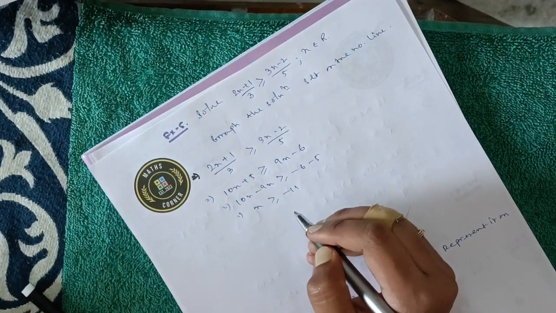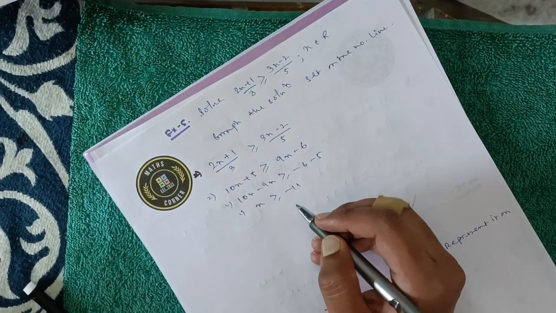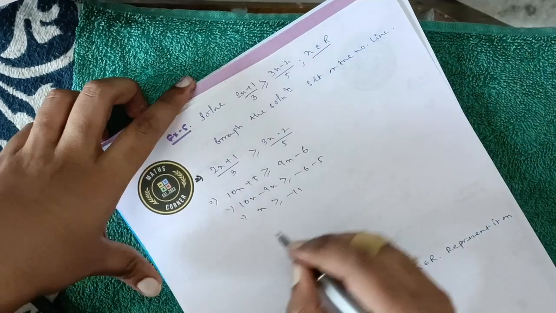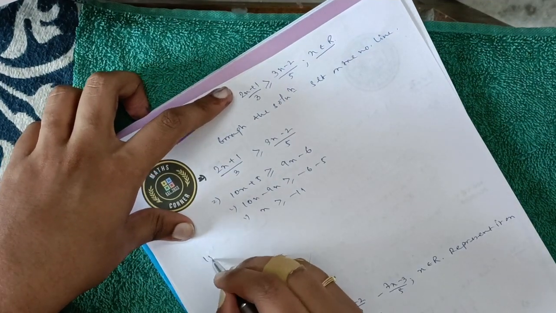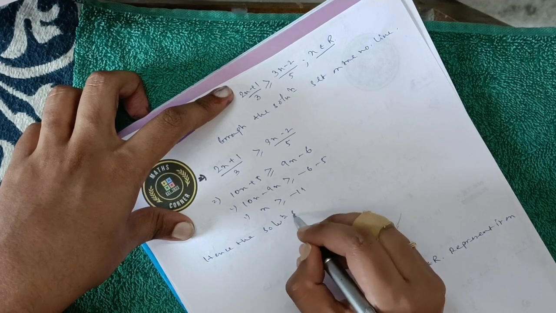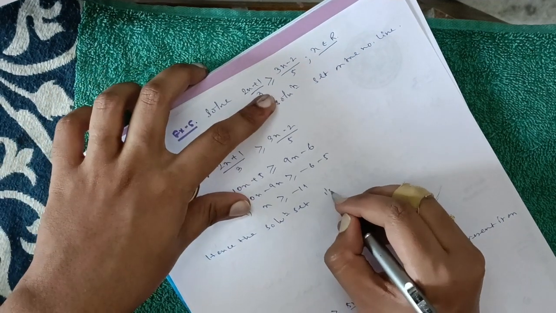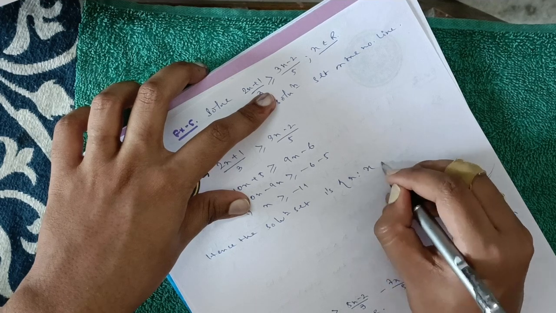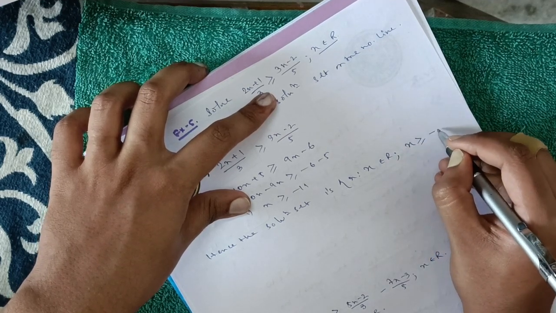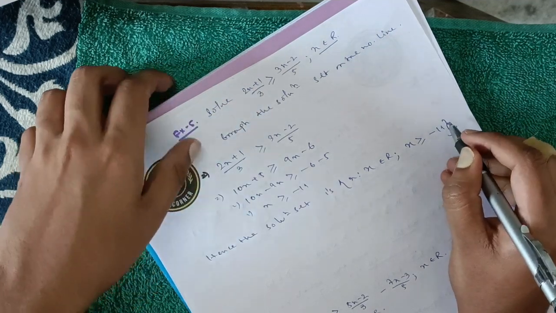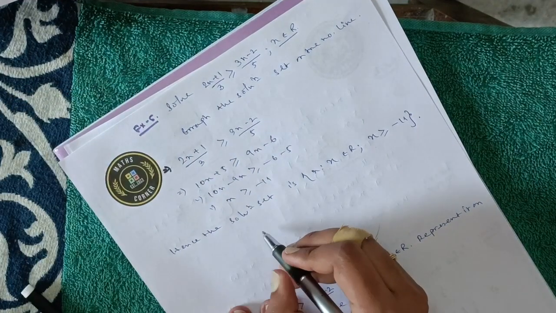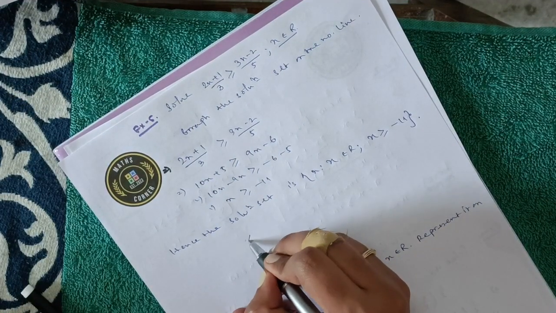So x is greater than or equal to minus 11. To represent it, and the solution is a real number, so you have to write the solution set first. Hence the solution set is x such that x belongs to R and x is greater than or equal to minus 11. So the graph of the solution set will be like this, right?